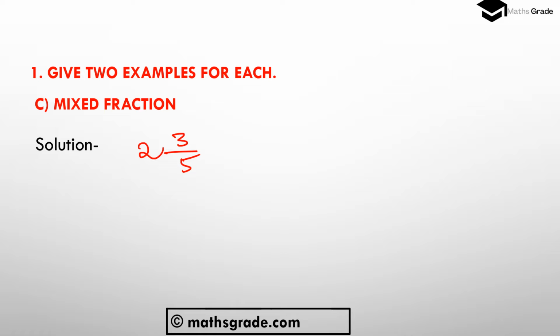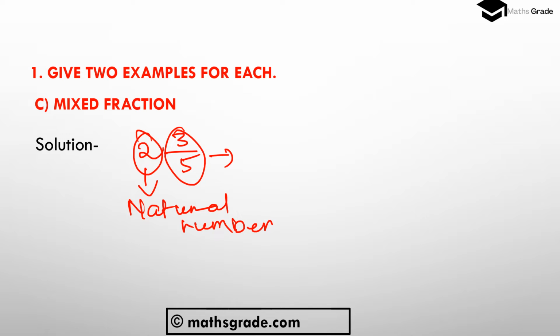This is a mixed fraction because 2 is a natural number and 3 divided by 5 is a proper fraction. So a mixed fraction is the combination of a natural number and a proper fraction. 2 is the natural number and 3 divided by 5 is the proper fraction.